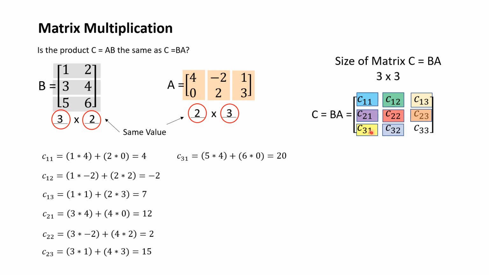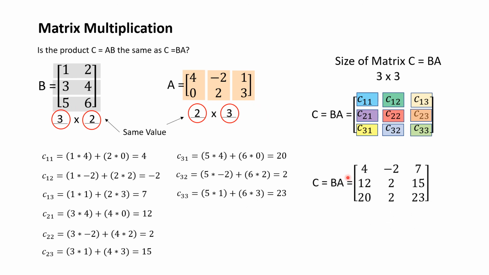To determine coefficient C32, we take the dot product of the third row in matrix B with the second column in matrix A to get us a value of 2. For the last coefficient, we take the dot product of the third row of matrix B with the third column in matrix A to obtain a value of 23.